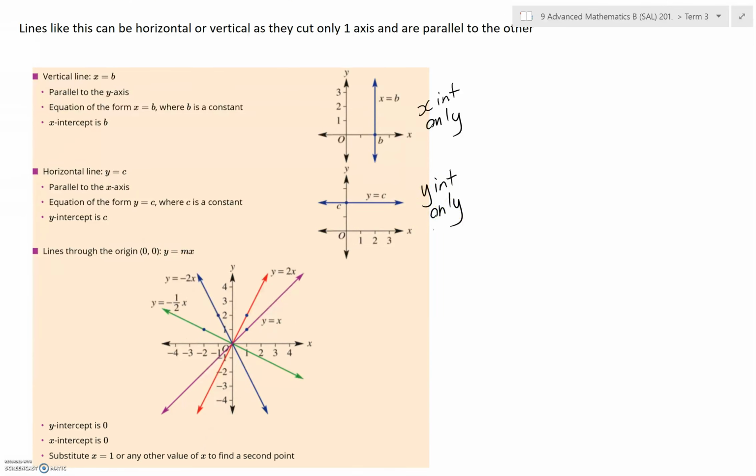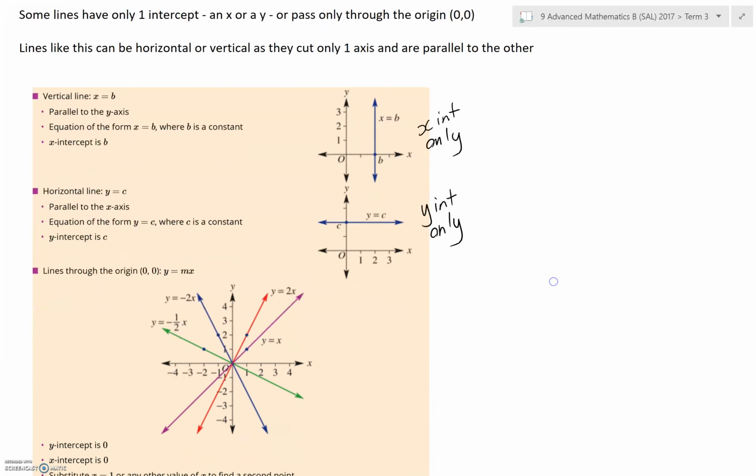So it only cuts the y-axis or it only cuts the x-axis. Or they could also pass only through the origin, which is the case with the third picture. Although all of them also pass through lots of other points as well, they only cut the axes at one point.